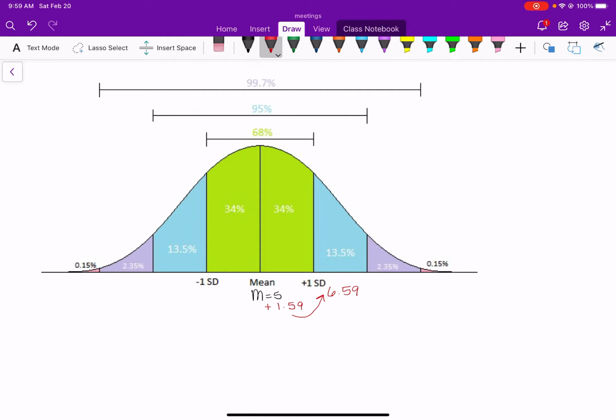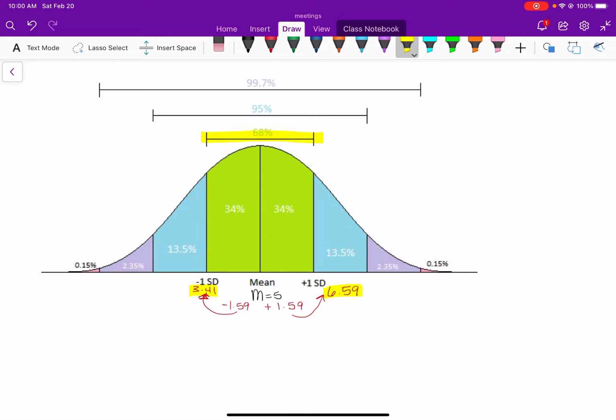And if I subtract 1.59 from my mean, 5 minus 1.59 is going to be 3.41. So the idea is that the vast majority, or 68% of my data, is between 3.41 and 6.59.